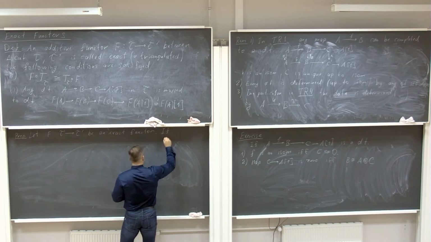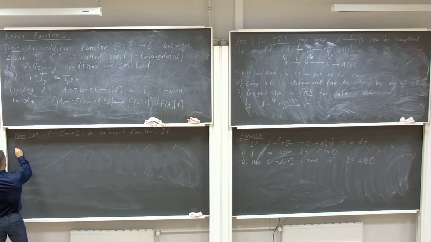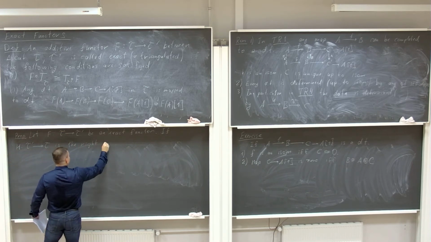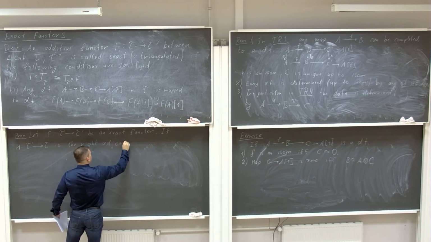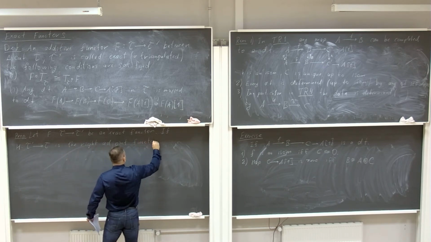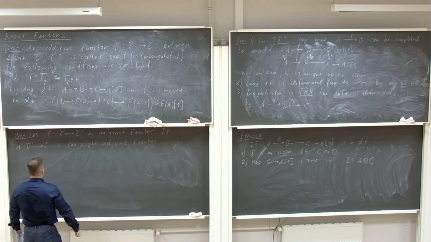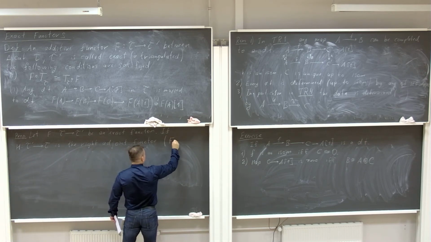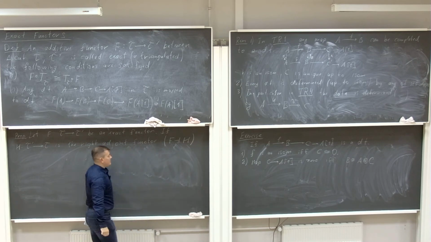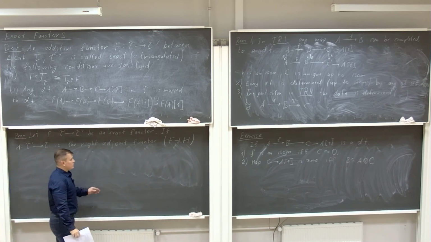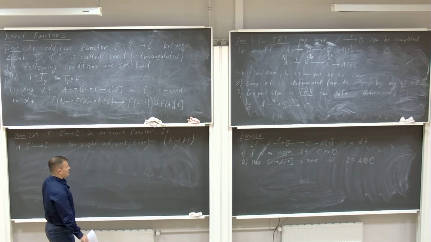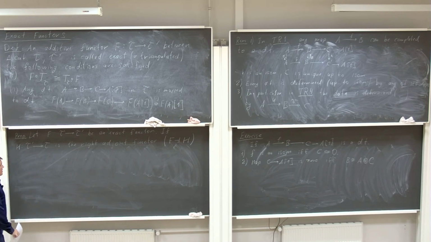Now if H, going in the other direction from T prime to T, is the right adjoint functor. There is a very short convenient notation for this. Instead of writing that H is the right adjoint to the functor F, I prefer to write it with this symbol. I'm not completely sure how to pronounce this symbol, so I'll write it and say that H is the right adjoint to F.